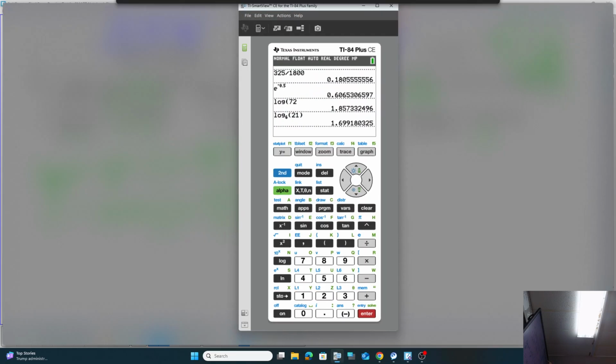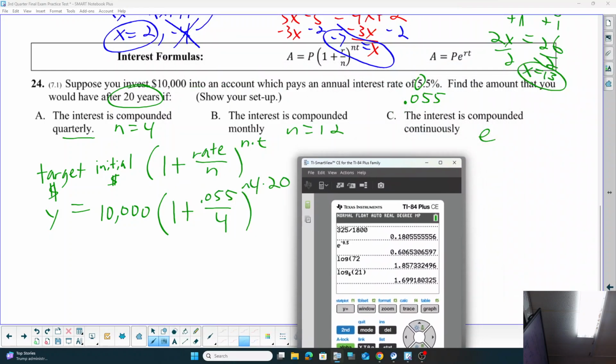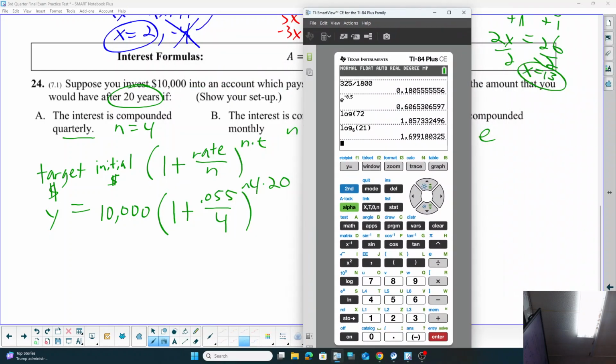So you're just going to plug all that into your calculator. So we go $10,000 times 1 plus parentheses, use a parentheses, 0.055 divided by 4.